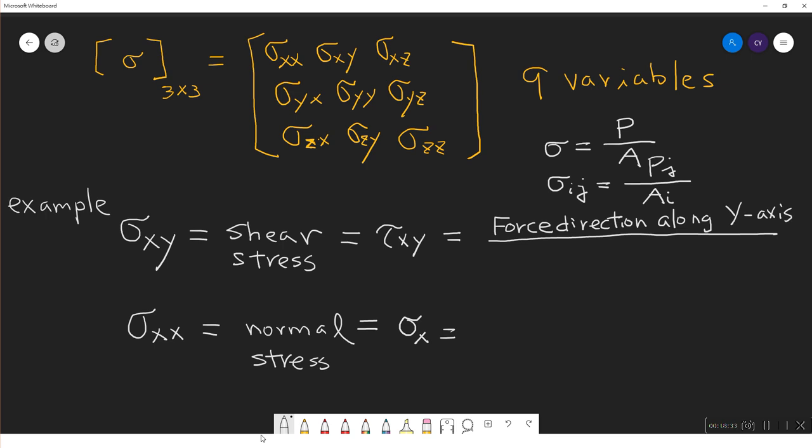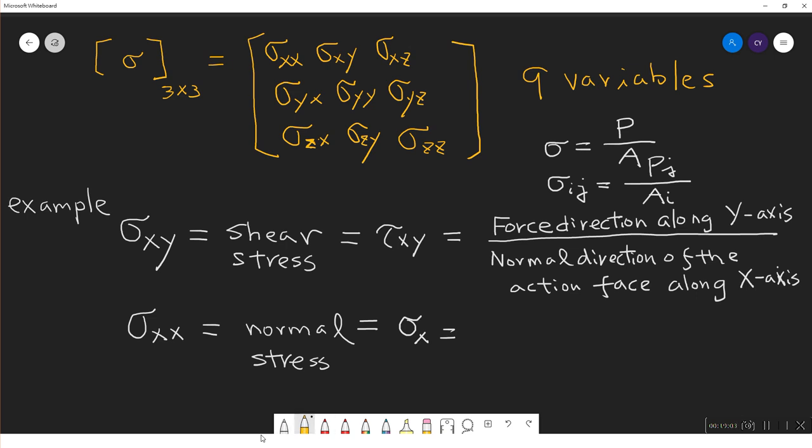And the normal direction of the action face is along the x-axis.